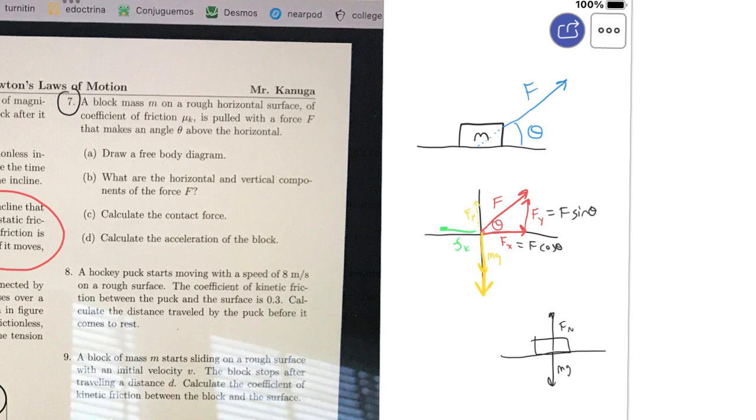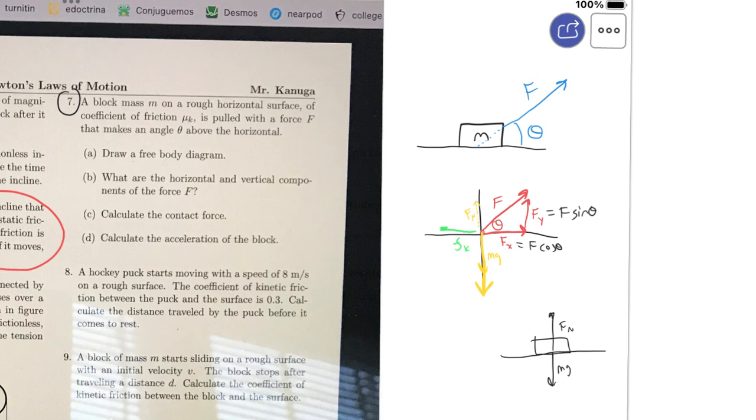So maybe when they say contact force, they mean the force of the block pushing down on the ground, even though you're kind of lifting it a little bit. The block is still pushing down a little bit. Whatever that pushing down is, that's going to be equal to this new normal force, because the block is still pushing down a little bit, and the ground is still pushing back a little bit, and it's pushing back F sub n.